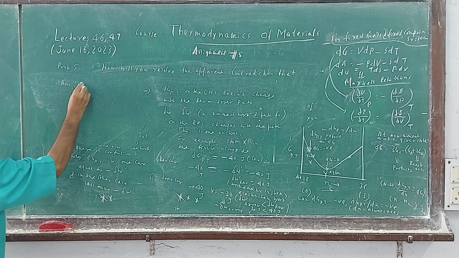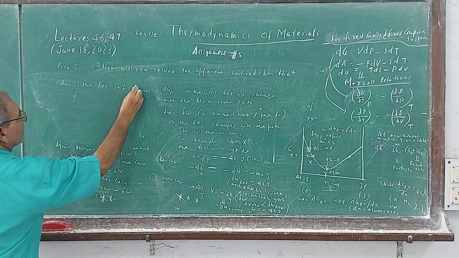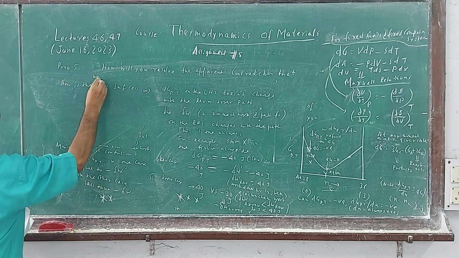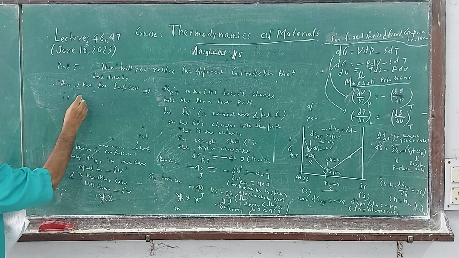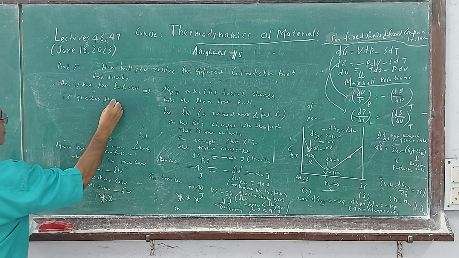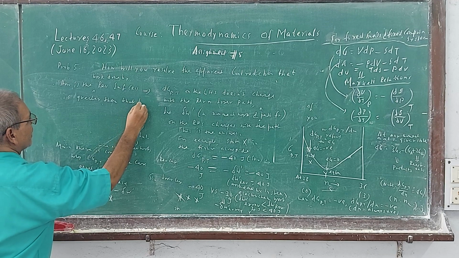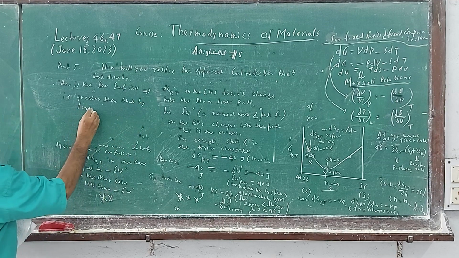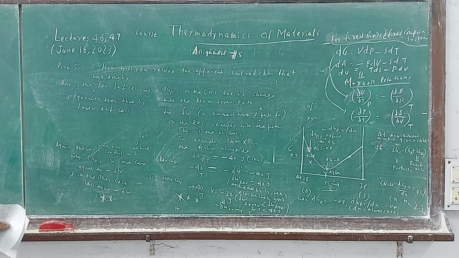How is the reversible EMF of the cell work done? The work done by the reversible cell is greater than that by the irreversible one. You know what the expression is? Follow me.